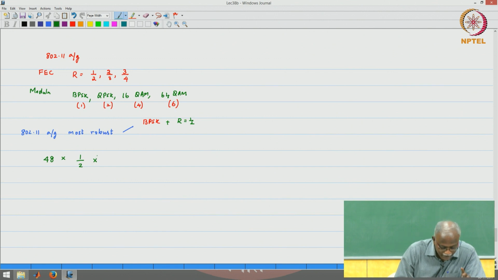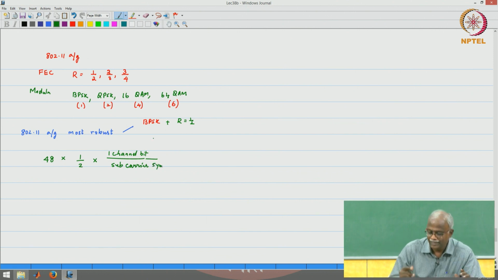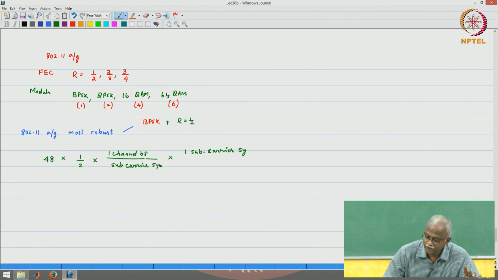Basically I am carrying one channel bit per subcarrier symbol. Each of those 48 subcarriers is carrying a BPSK symbol. Out of that, one half of it is only information bit, into one subcarrier symbol every 4 microseconds, divided by 4 microseconds.